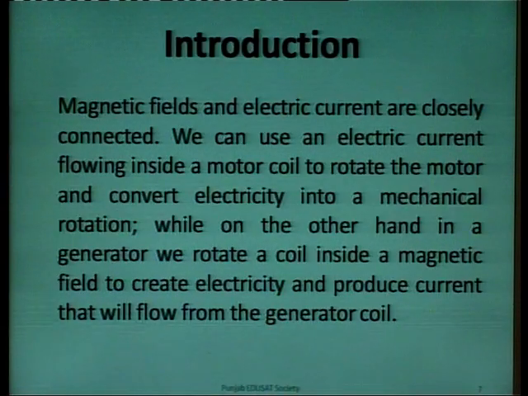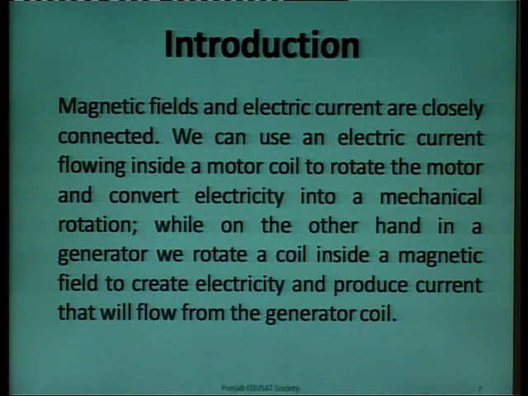So, now we will start with the introduction. The magnetic fields and the electric current are closely connected to each other. As we all know, we are using electrical motors, transformers, everything with the use of electricity, and they are concerned with the magnets. Magnetization and demagnetization takes place. Similarly, the magnetic and electric fields are closely connected to each other.